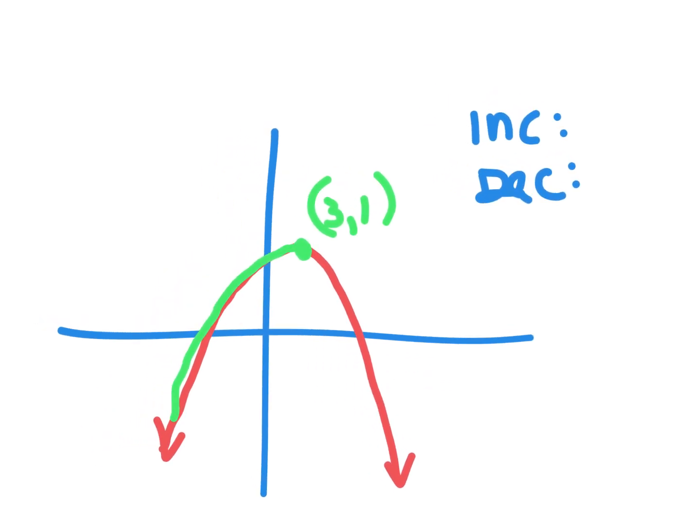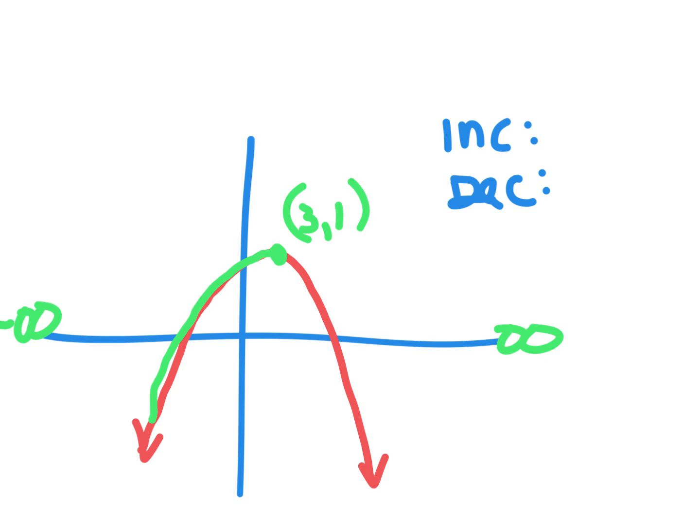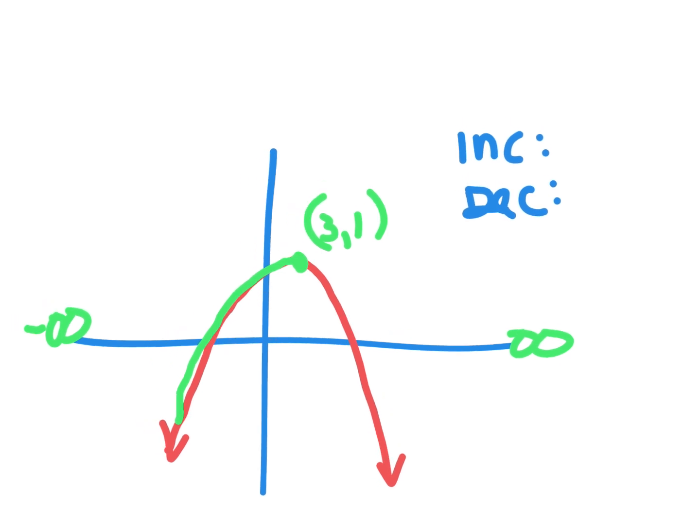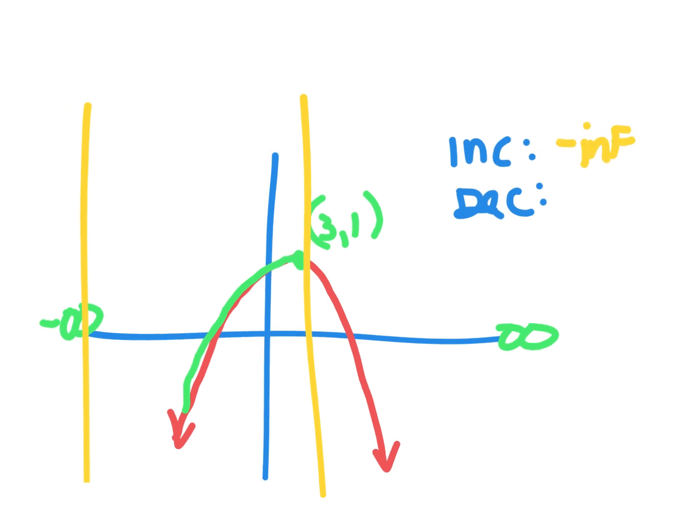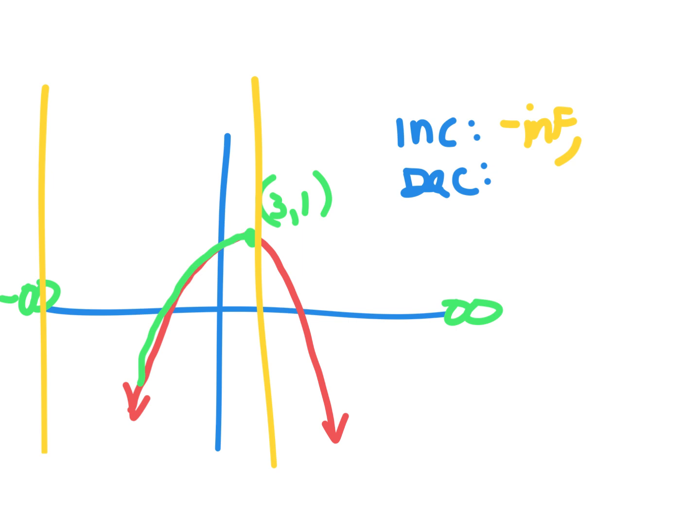Remember how I said you're going to use x values? You might want to write these in, negative infinity, positive infinity, because you'd use them this time. It was increasing from here to there. And that's from negative infinity until you get to the x value only, 3. Negative infinity to 3.